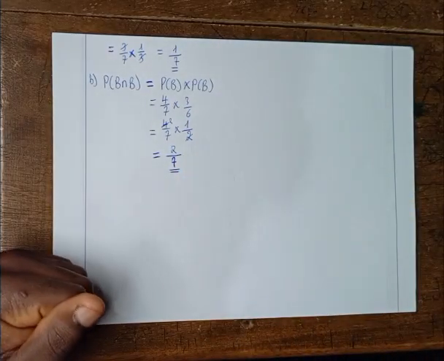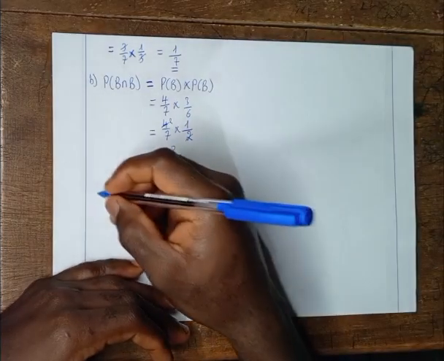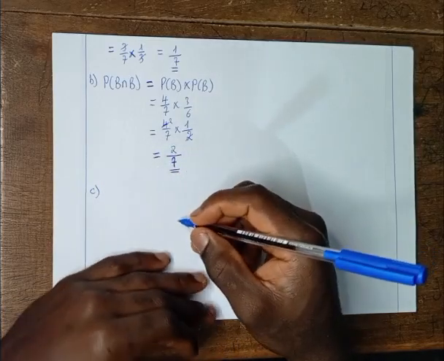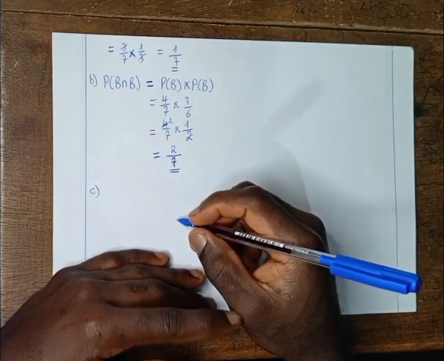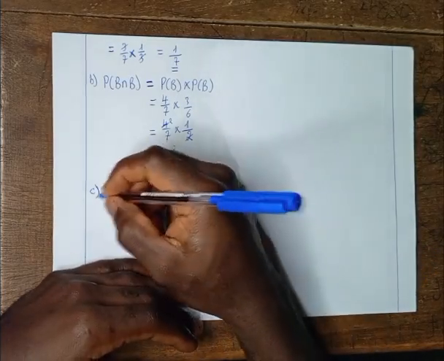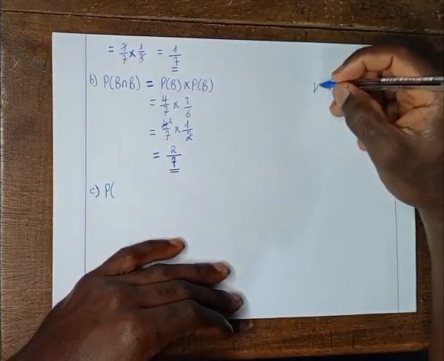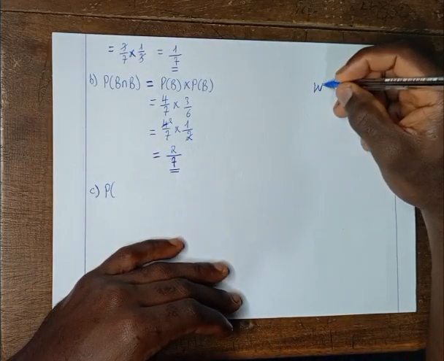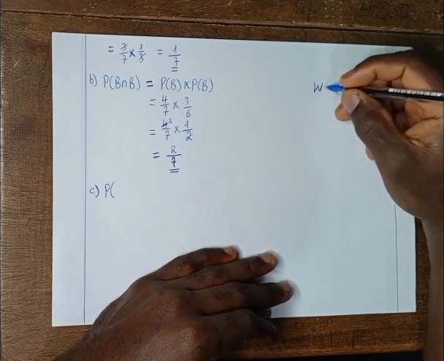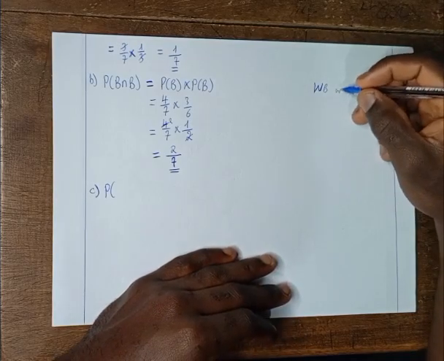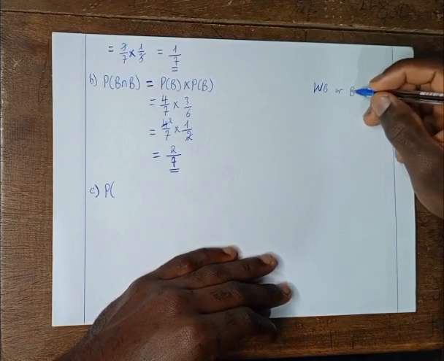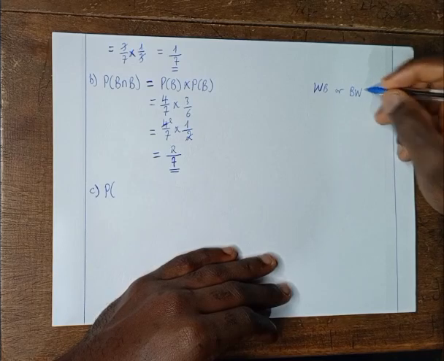Now for question C, it says we should find the probability of getting one of each color. Talk of one of each color, that means having a white ball, the first ball is white and the second ball is black, or the first ball is black and the second ball is white.